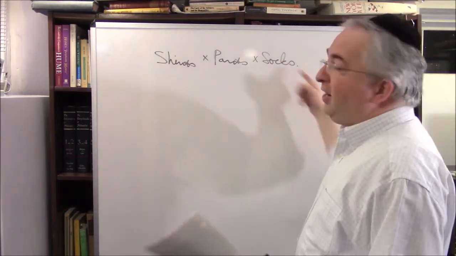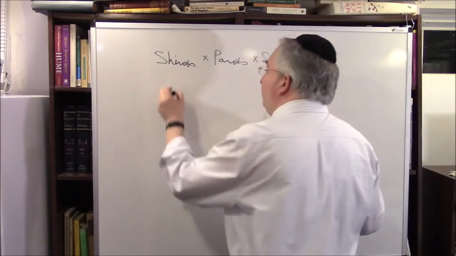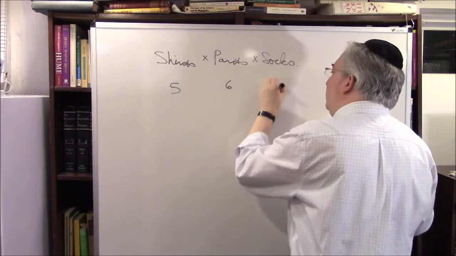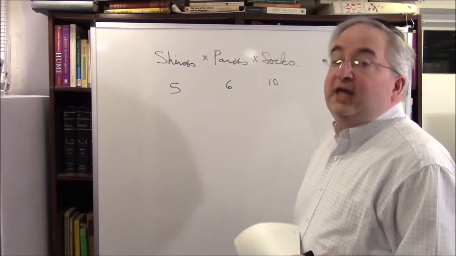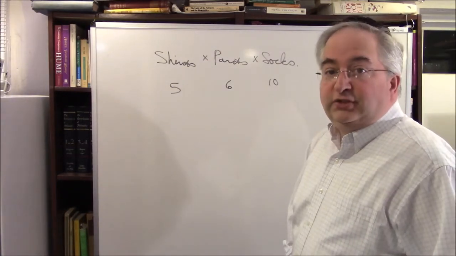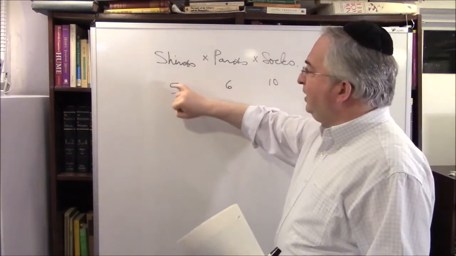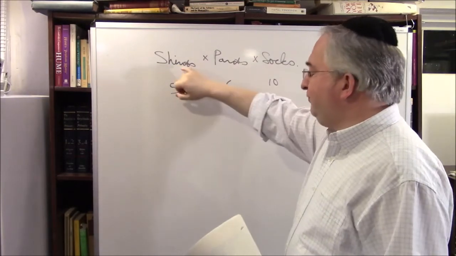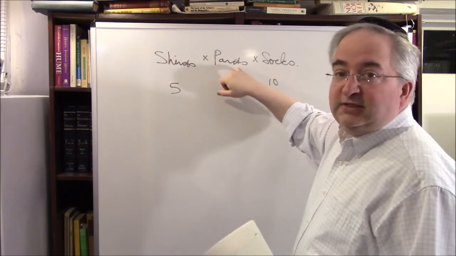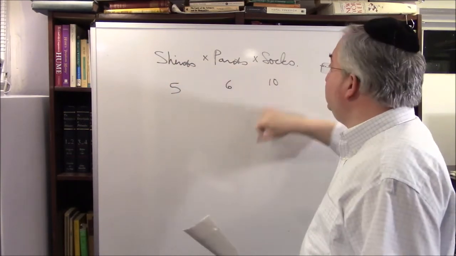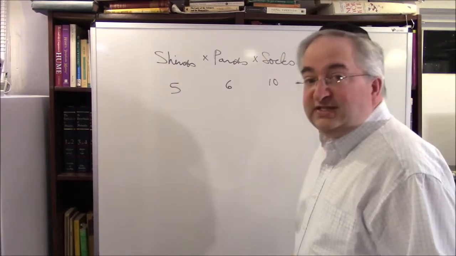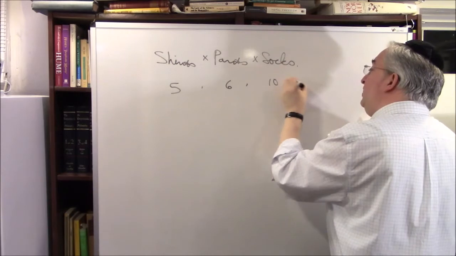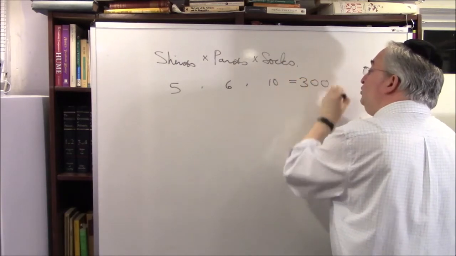If you have 5 shirts and 6 pairs of pants and 10 pairs of socks, then the question is, how many outfits do you have? The idea is as follows. I have 5 choices for shirts, 6 choices to choose one of my pairs of pants, and 10 choices to choose one of my socks, so I have 5 times 6 is 30, times 10 is 300 outfits.